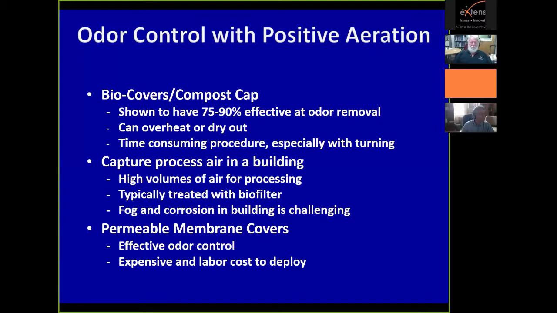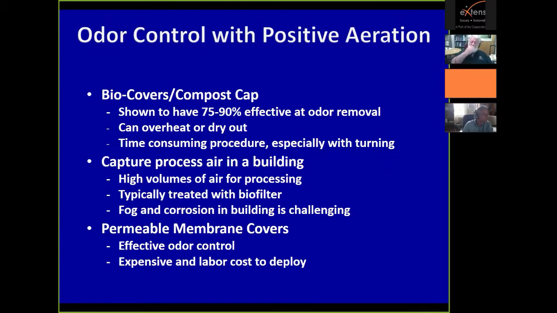If you're doing all this in a building, you can capture the process air. You normally have some fairly high volumes that you have to process, plus you have to exhaust that air from the building at a frequency that allows for the pollutants in that air not to build up and become an employee health issue, on the order of 4 to 6 to maybe 8 air exchanges per hour.